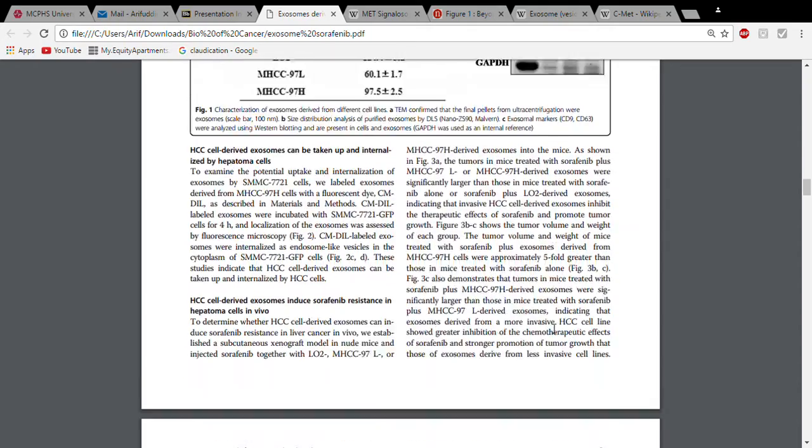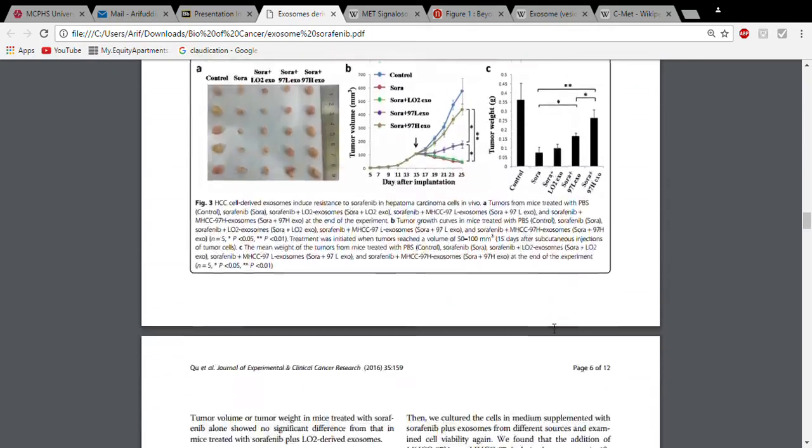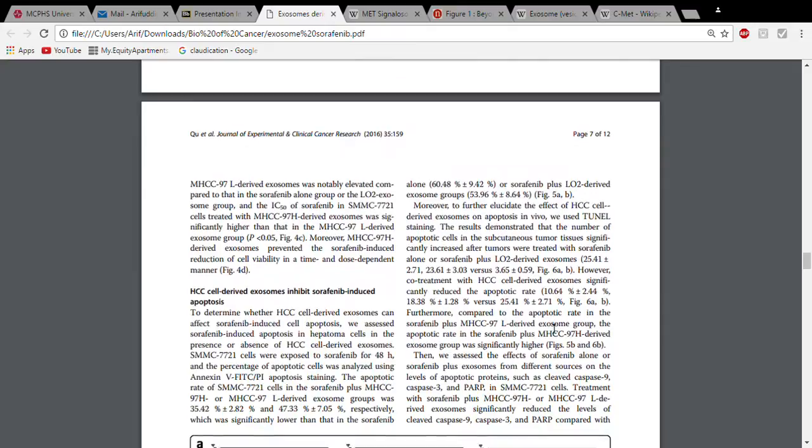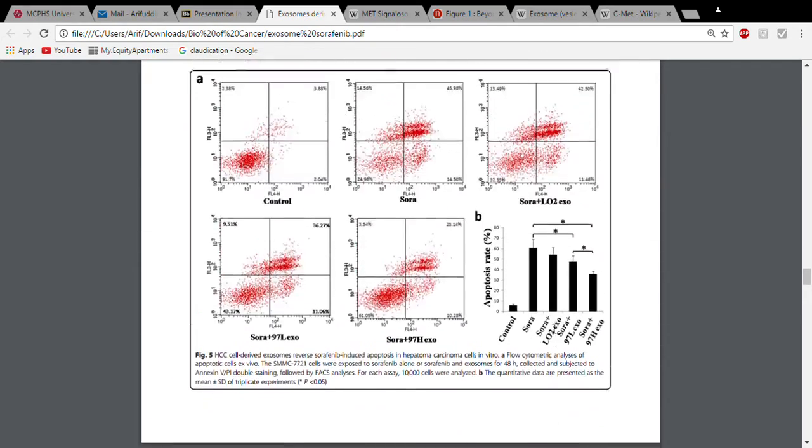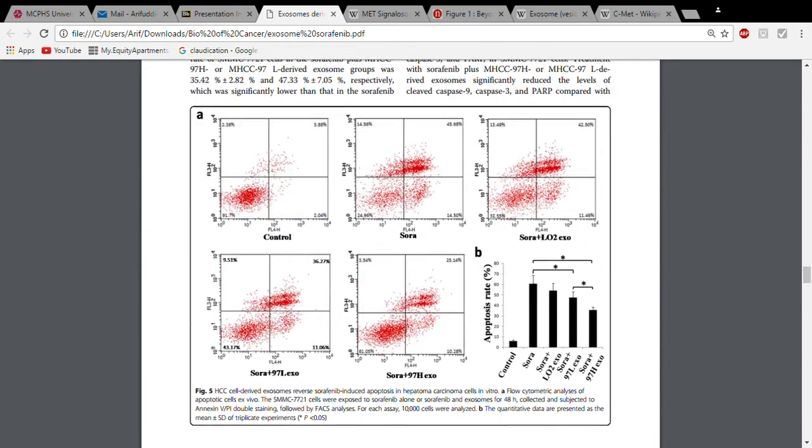The first figure I'm going to present is an apoptosis assay. We've done this in class, but here is a brief overview. It examines the number of cells in apoptosis. Each of these little dots is a cell, and depending on which quadrant it's in, it's either apoptotic, non-apoptotic, or necrotic.